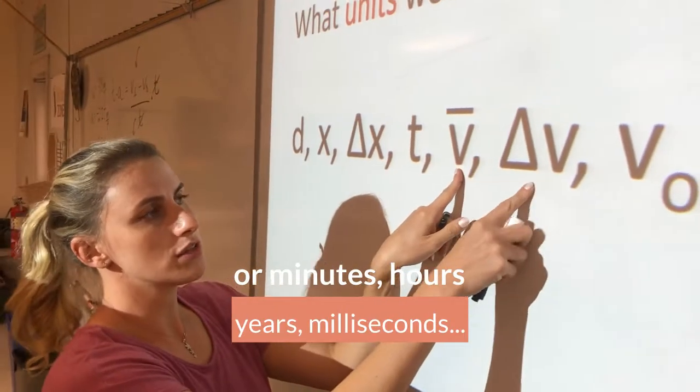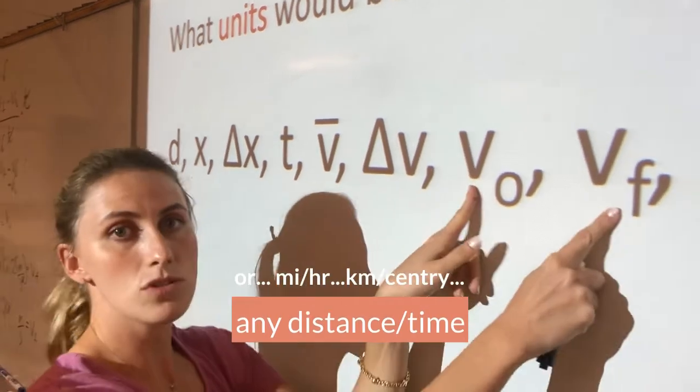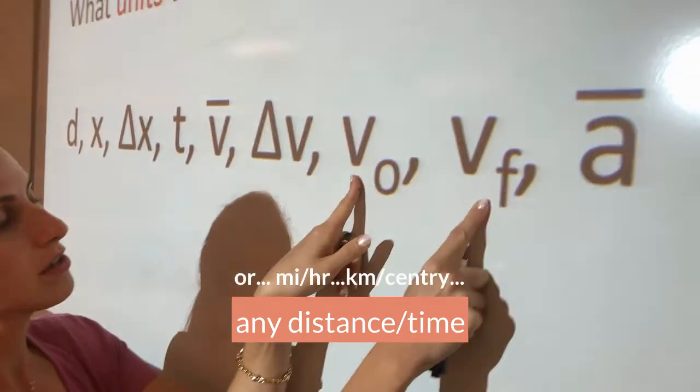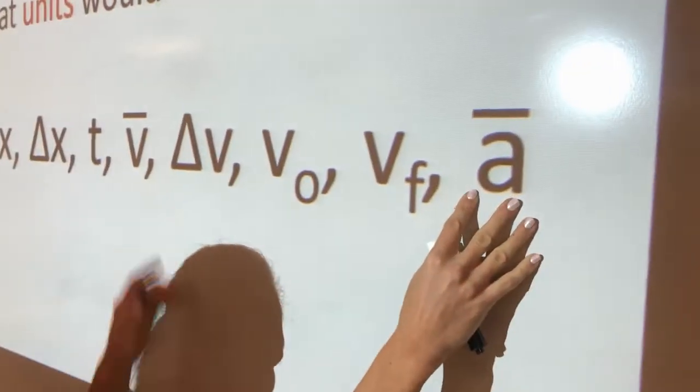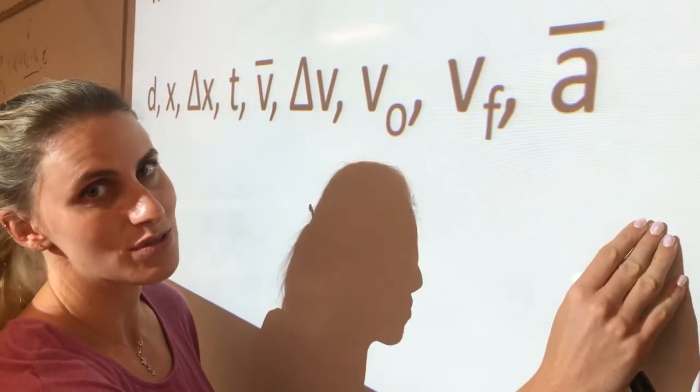Velocity and change in velocity would both be meters per second, and these ones too, because they're velocity. And over here, it would be meters per second squared, or distance over time squared.